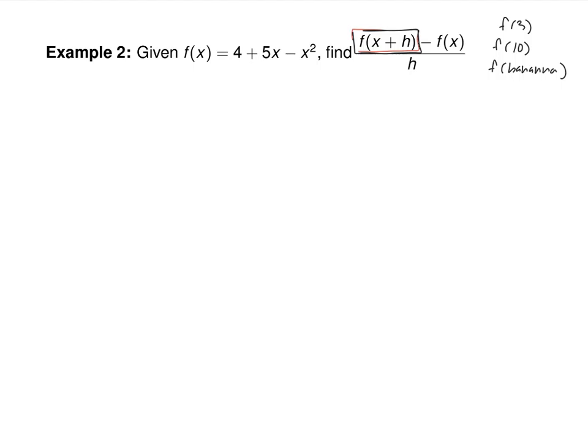It replaces the x's. So that becomes 4 plus 5. That x is replaced by x plus h. This x is replaced by x plus h. So that part corresponds to this part.